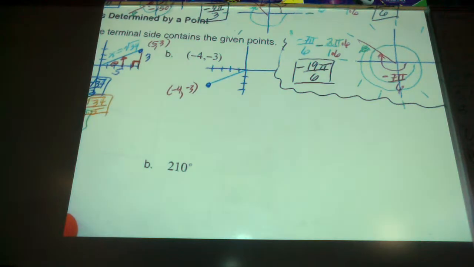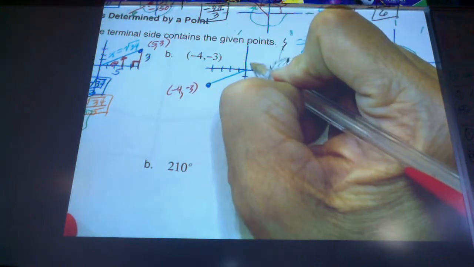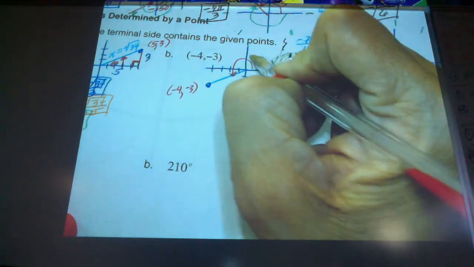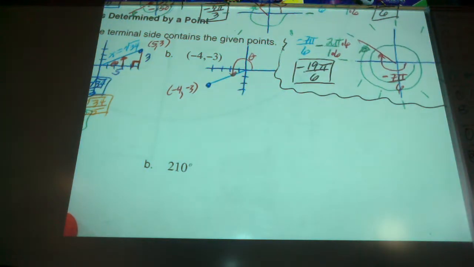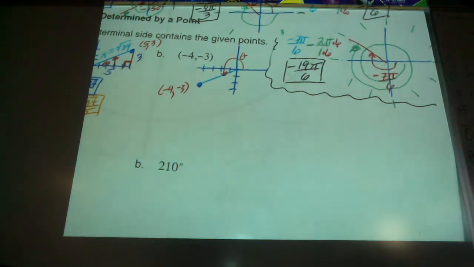So technically, my angle goes from here to here. This is theta. Wouldn't you agree? However, I can't make a right triangle out of that. I can't make a right triangle with an obtuse angle, can I? No, and it's really more than obtuse. It's more than 180 degrees.